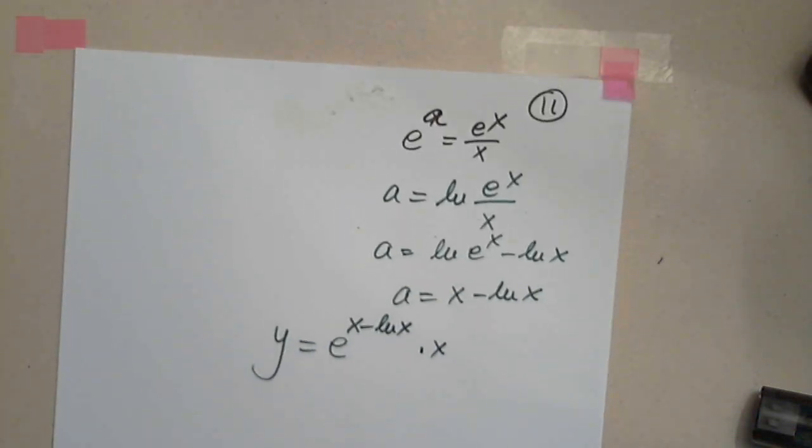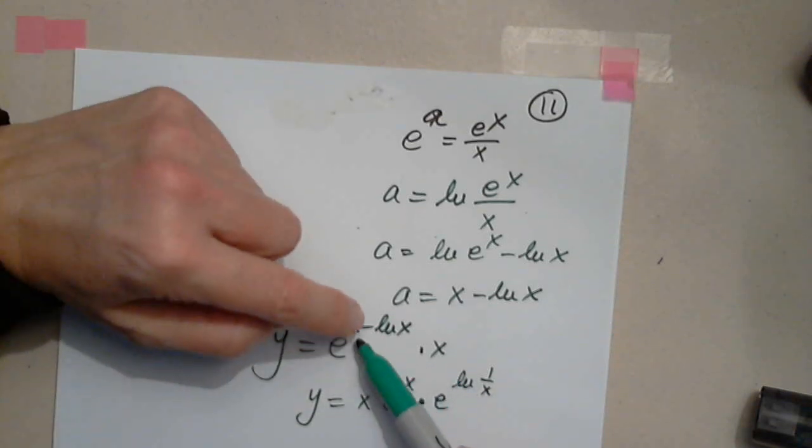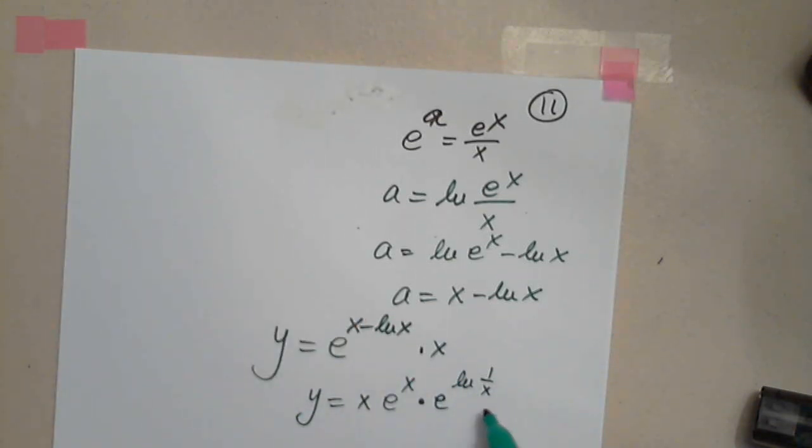I can simplify a tiny bit. So y equals x, I'll put it in front, e to the x times e to the natural log of 1 over x. So I can change it into 1 over x.